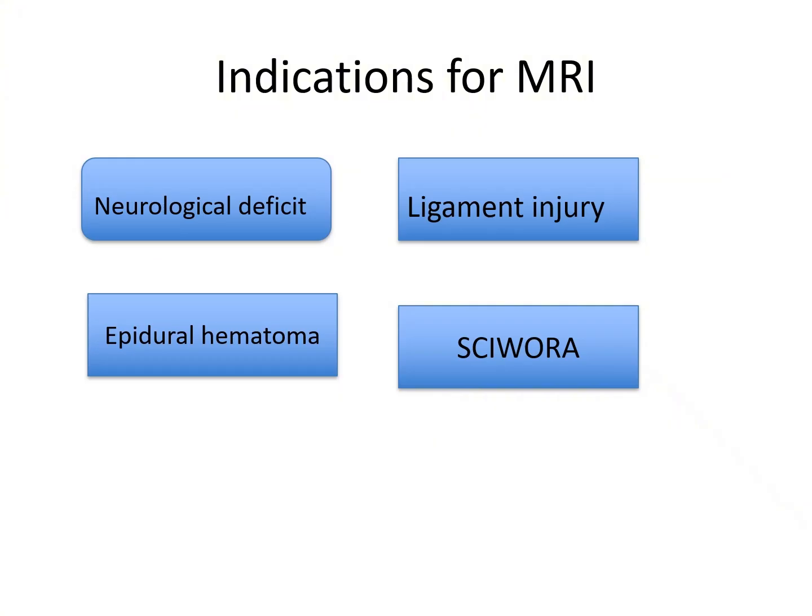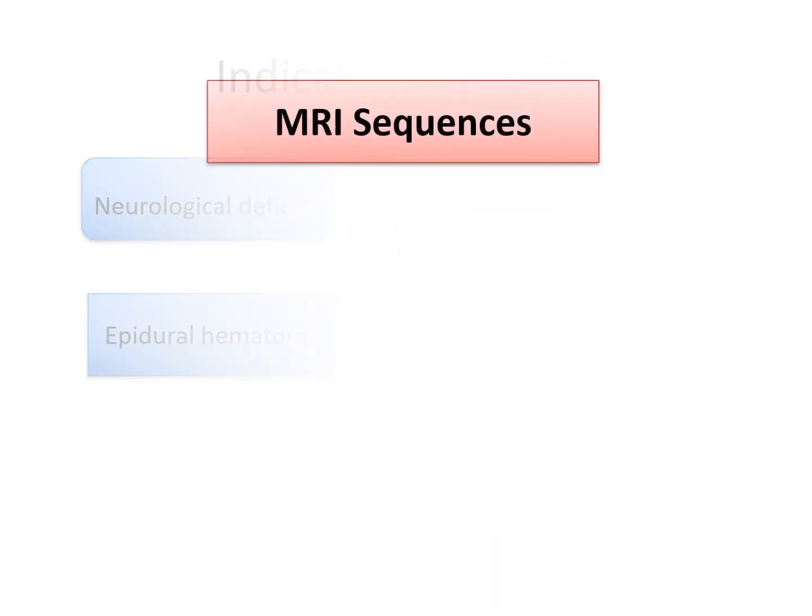This is primarily seen in children, but it is redefined as SCIWONA, spinal cord injury without neuroimaging abnormality, for cases with truly normal MRI findings. It is often due to the immature, mobile cervical spine in children causing cord stretching or shearing even without fracture.